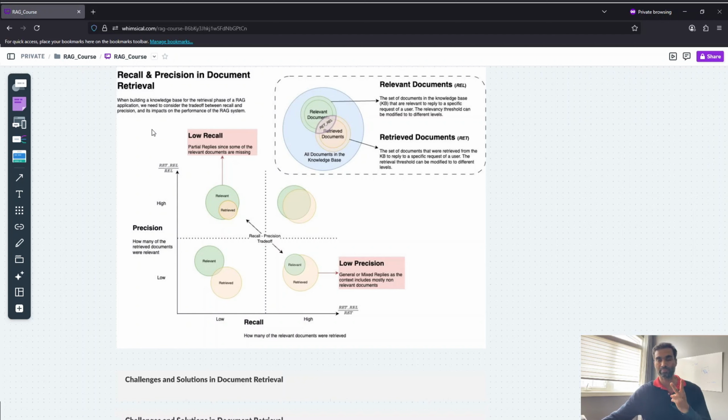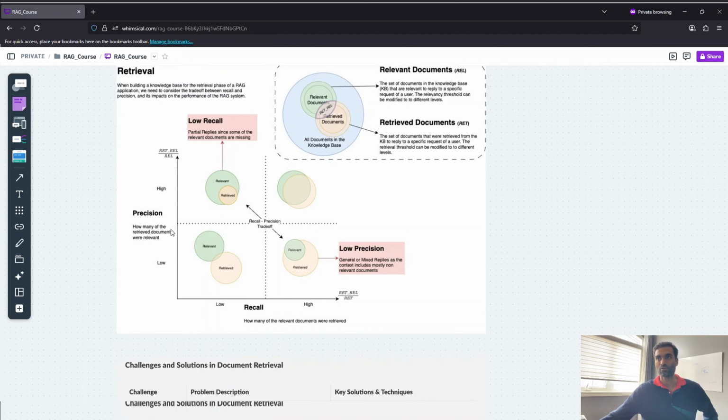There are two different parameters. Recall means which documents have been recalled, and precision means how precisely the documents contain relevant chunks related to the asked question. This greatly impacts the RAG system.